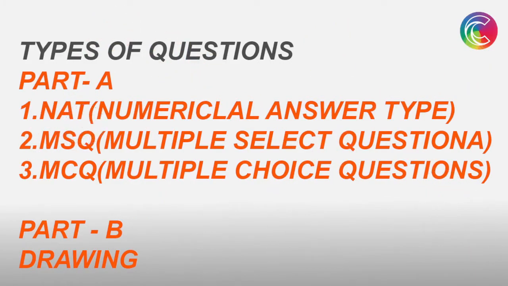For MSQ, it depends on the multiple selection options. For the drawing part, of course, there will be no negative marking, but you have to draw well, and logically think about how the question has been given.